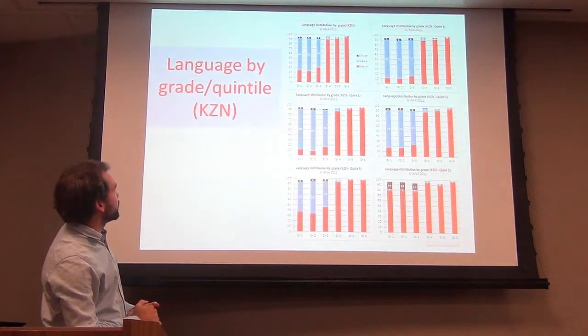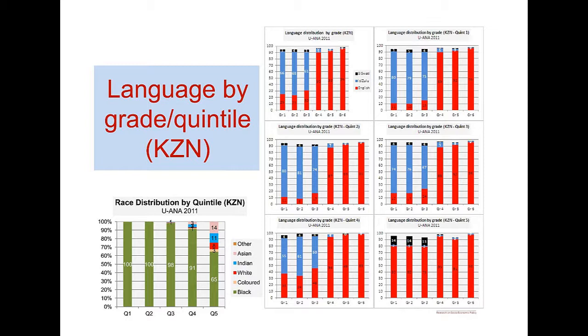Now this is showing you the breakdown by language. We have a variable in the ANA data set called LOA, which we believe is the language of assessment. Don't worry about these bottom 4 graphs for now, let's just look at this top one. This is the language distribution by grade in KZN.